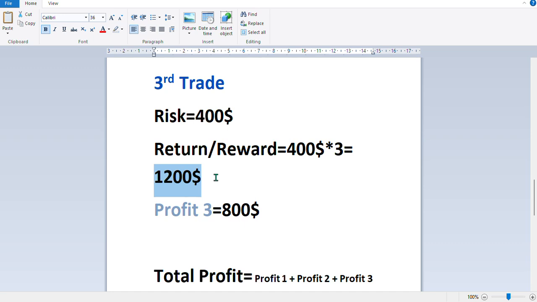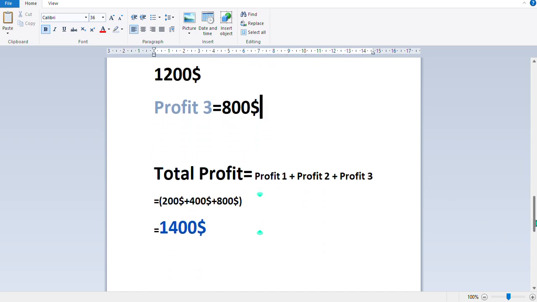That is our total income for that third trade. Now, what is then our profit for our third trade? Our profit is $800. That's the profit that we made out of our third trade. And now we are done with our trading for this particular session.